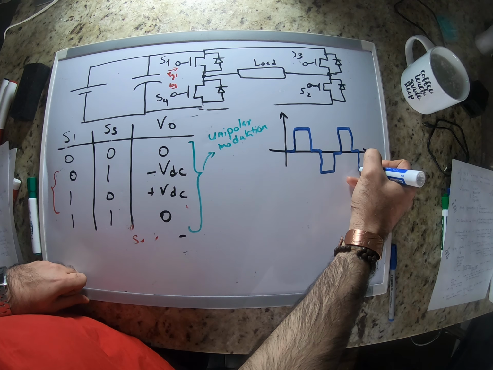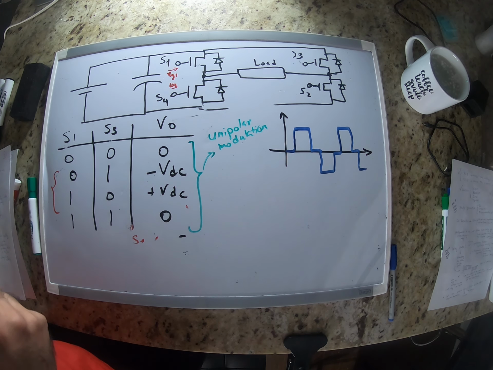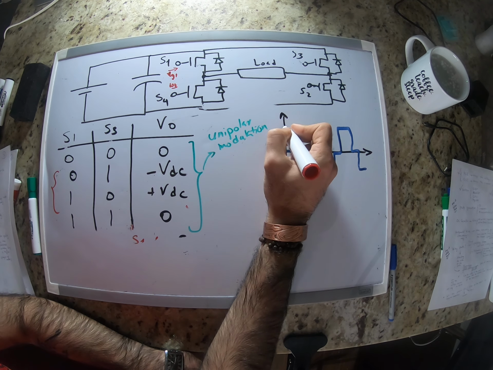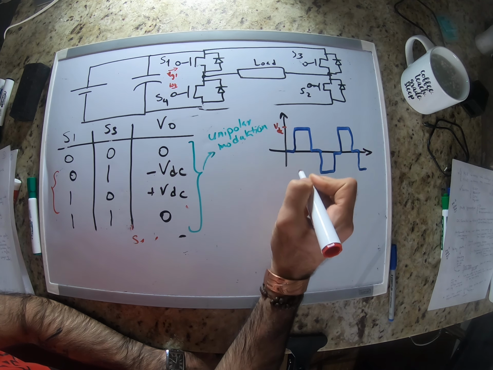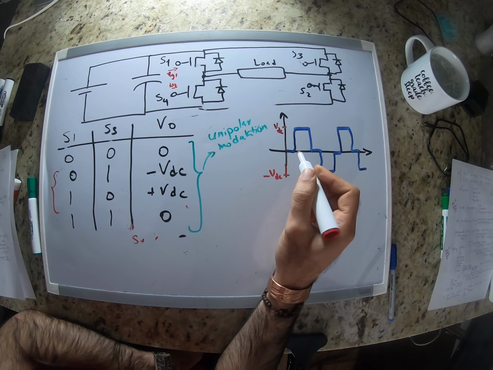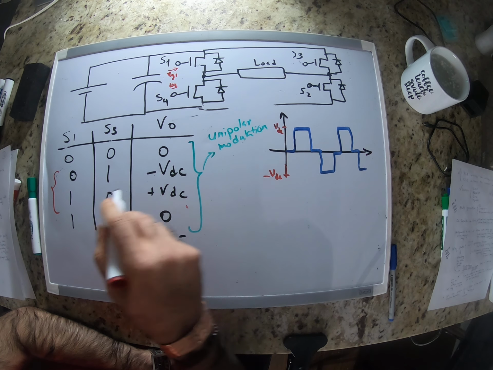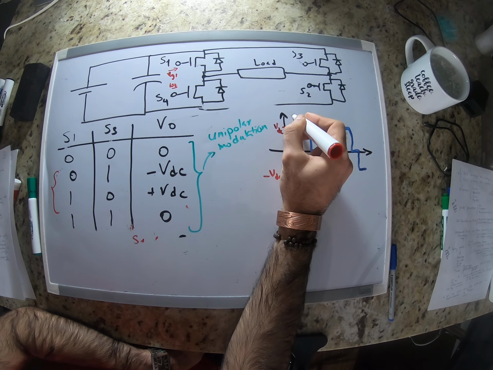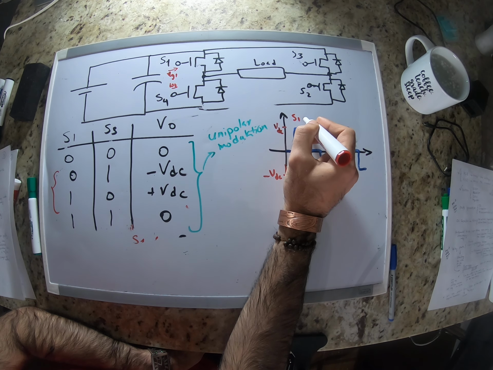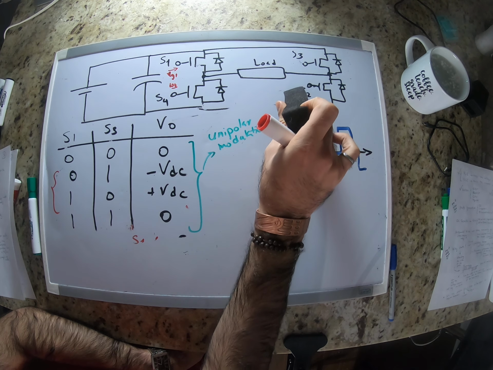And it would continue. Okay, so let's start from here. Here, this is positive VDC, this is negative VDC. Right, so here we have S1 on and S3 off. So let me write down 1, 0.